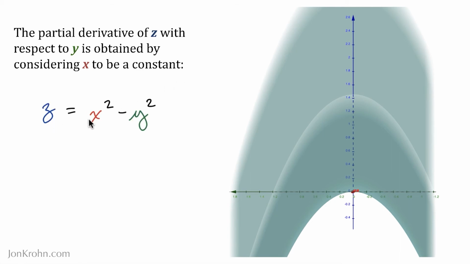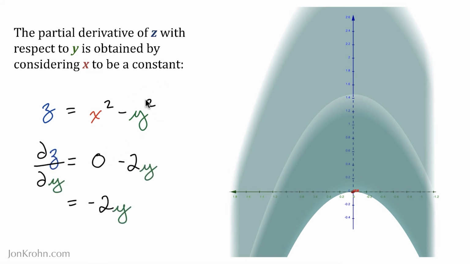So now we're going to consider this term with x in it to be a constant. So when we take the derivative, this term becomes 0, and we use the power rule to compute the derivative of y squared, and that becomes 2y. So del z del y, the partial derivative of z with respect to y, is 0 minus 2y, which is the same as negative 2y.